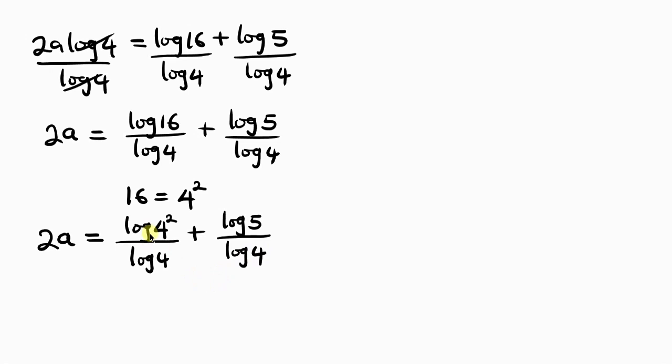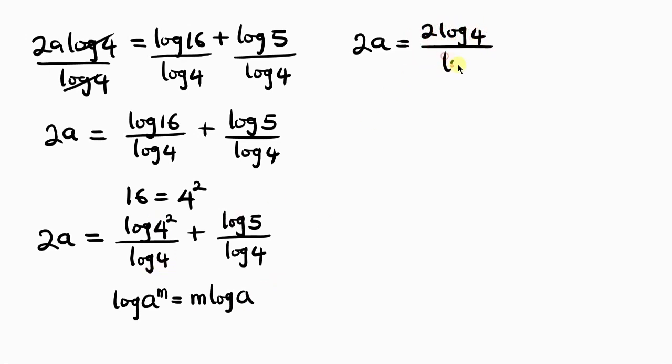Now, our next step will be for us to take care of this by applying the law of logarithm, which says when I have log a to the m, this is equal to m log a. So let's apply this law of logarithm to what we have here. So we have 2a to be equal to 2 log 4 all over the denominator log 4, plus, now what I have here, log 5 all over log 4.